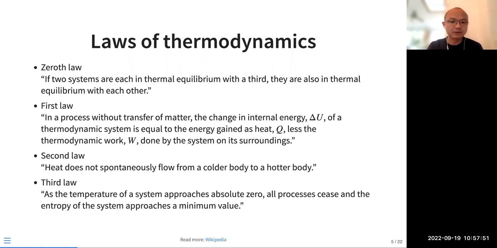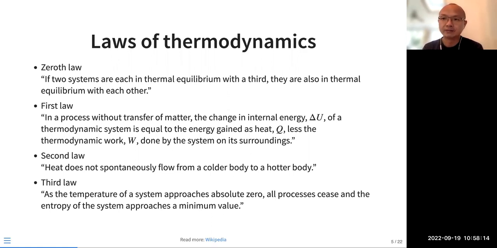And the third law, as the temperature of a system approaches absolute zero, the entropy of the system approaches a minimum value. If the temperature approaches absolute zero, then the entropy of the system approaches zero.